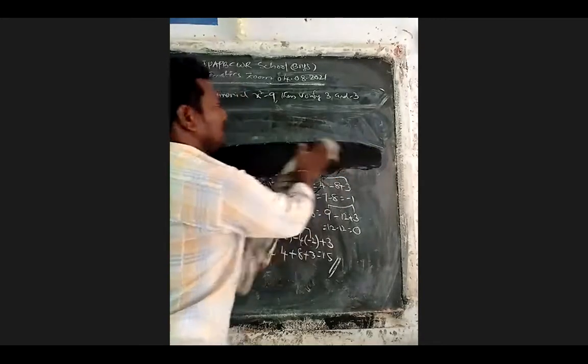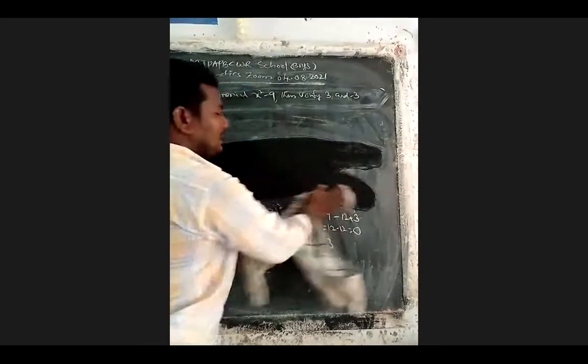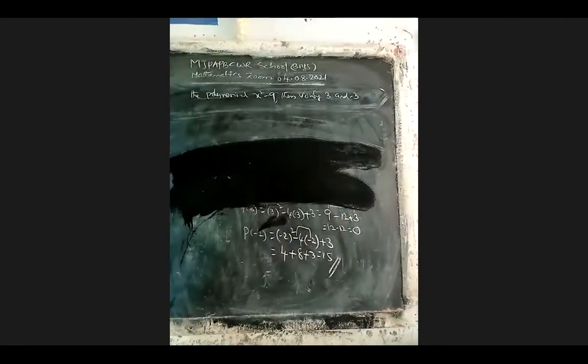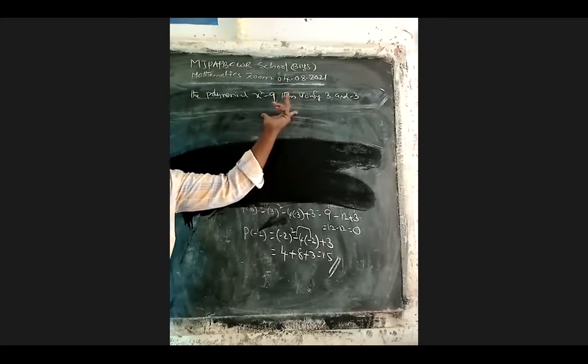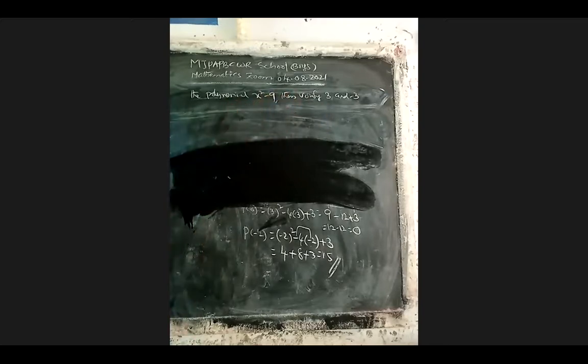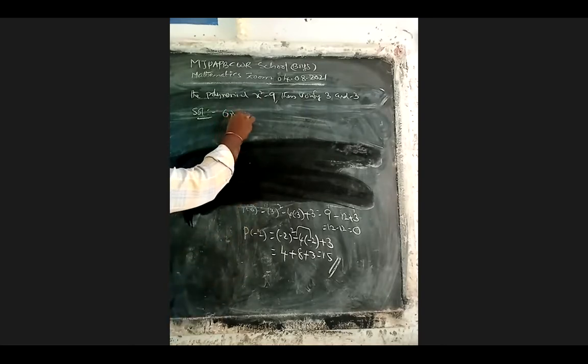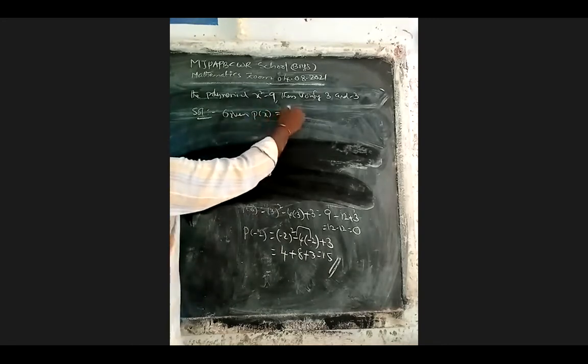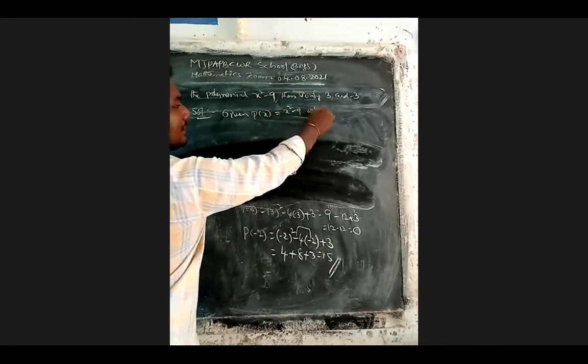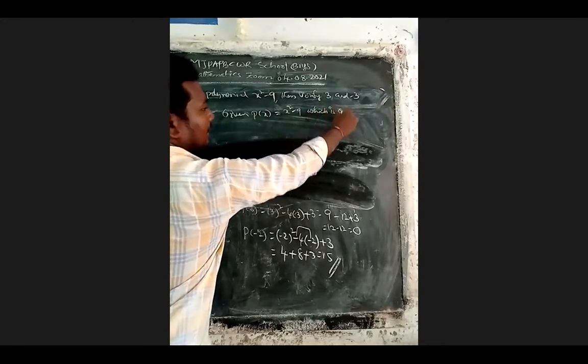The given polynomial is x square minus 9. Then you can find by substituting 3 and -3 whether they give 0 or not. Is the given polynomial quadratic, cubic or linear? Quadratic. The polynomial x square minus 9 is a quadratic polynomial.